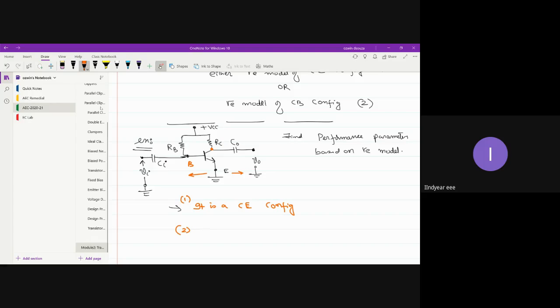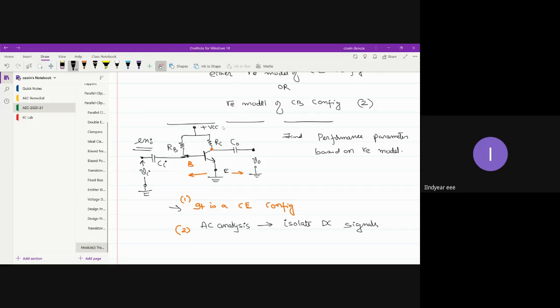In the second step, since you are dealing with AC analysis, because the signal of the amplifier is AC, you have to isolate the DC signals.